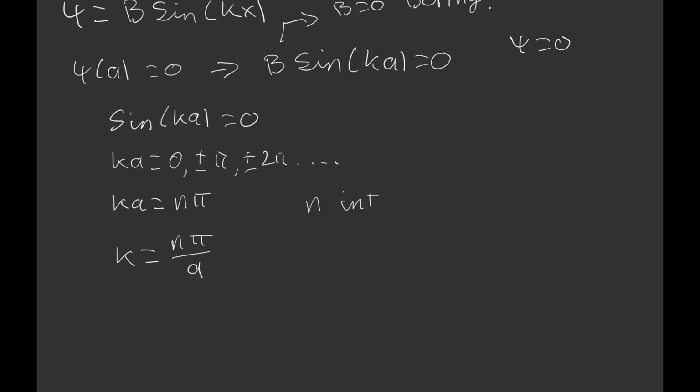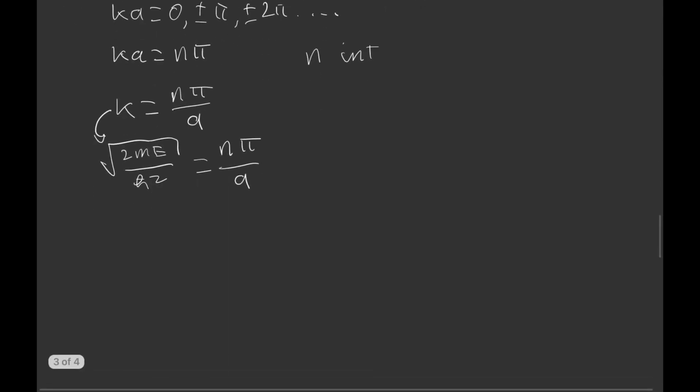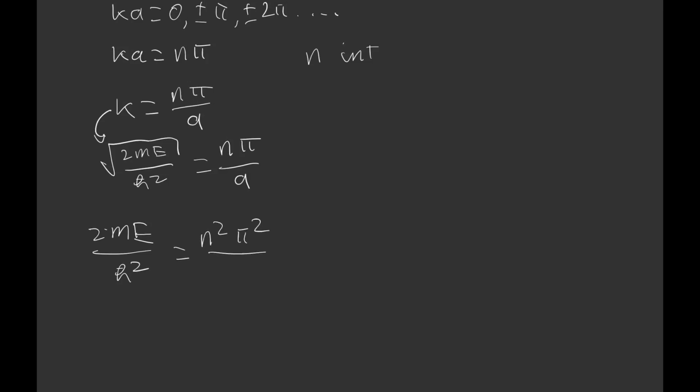But of course we know what kappa is, namely it is equal to the square root of 2mE divided by h bar squared. So this should then also be equal to n pi over a, and this of course follows from how we define kappa. Now we can solve this for the energy, namely by squaring both sides, which of course gives us 2mE divided by h bar squared is equal to n squared pi squared divided by a squared.